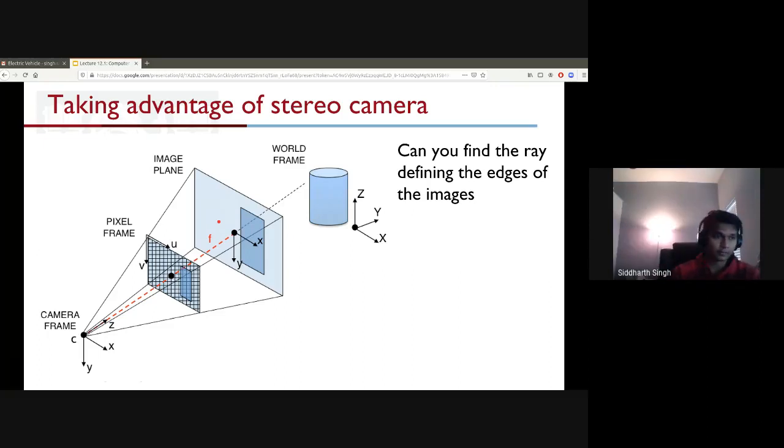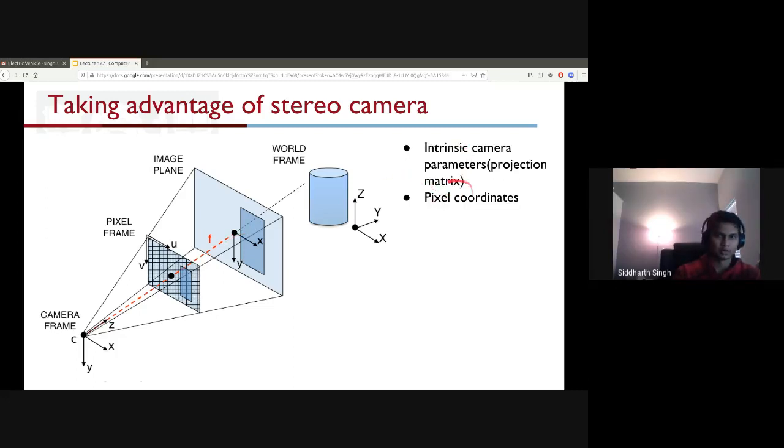Now if I divide it by z, then I actually have x, y, 1, and those x and y are in the pixel coordinates, which are also shifted by the optical center and then divided by the scaling, all those things, the intrinsics, right? So I know the intrinsic camera parameters and I know the pixel coordinates.